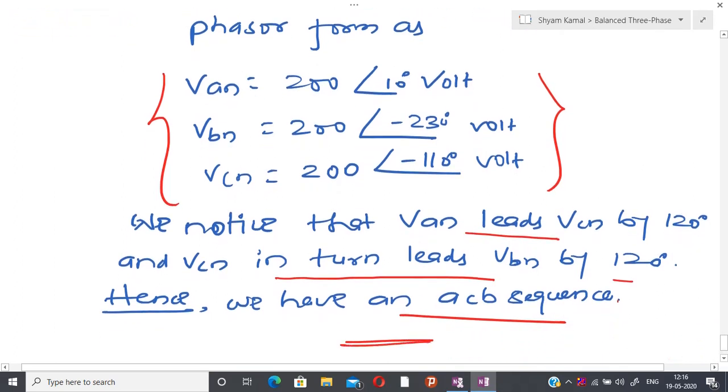Now let us come to the conclusion. What we have seen in today's lecture is that we talked about polyphase circuits, and we talked about the three phase balanced voltage source, and after that we talked about the topology.